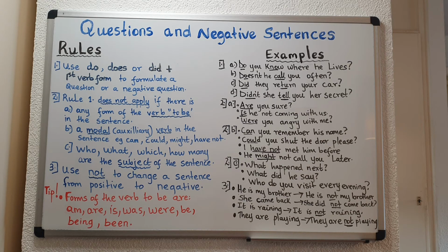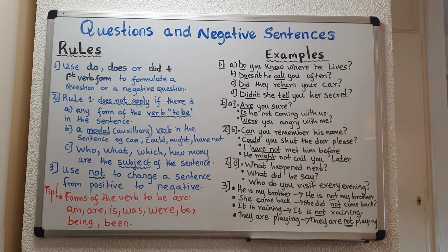Okay, so if I was to summarize the rules so far for you, when you want to ask a question in English, you can begin your sentence with do, does, or did. That is one choice. The second choice is to begin your sentence with any form of the verb to be. For example, in example 2, you can begin with are, is, were, was, okay?